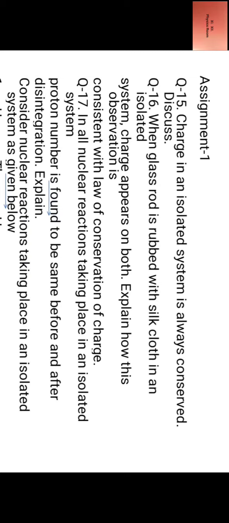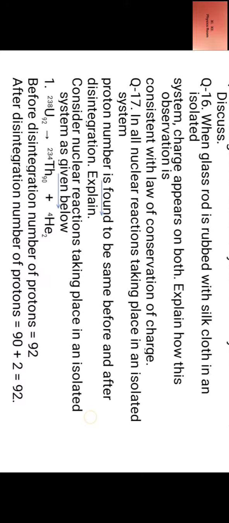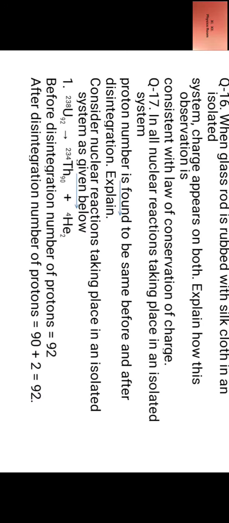Now, how can you solve question number 17? Consider nuclear reactions taking place in an isolated system as given below. First, uranium 238/92 disintegrates into thorium 234/90 plus helium 4/2.